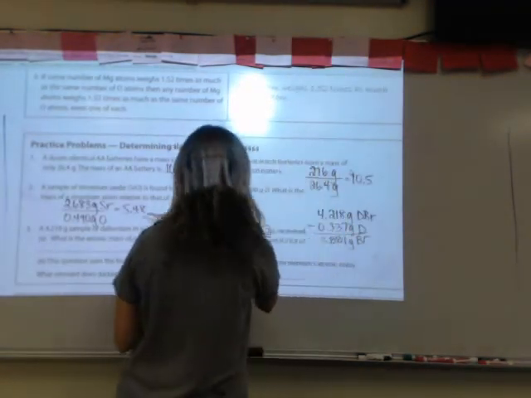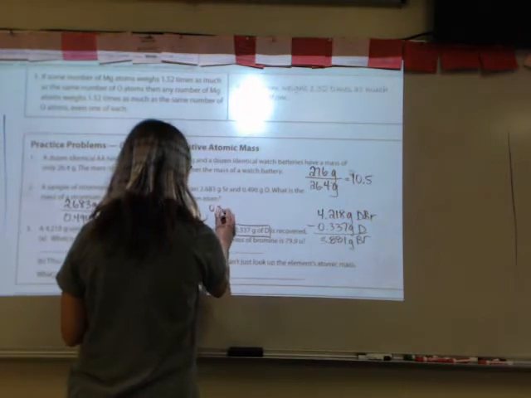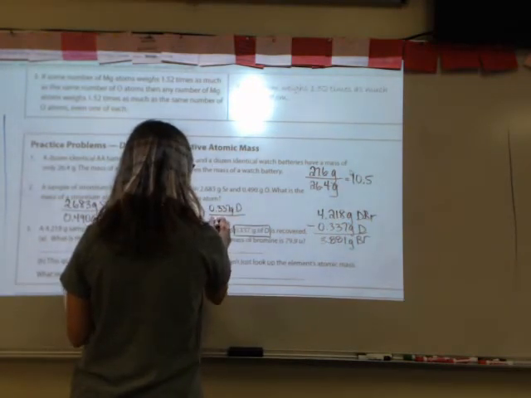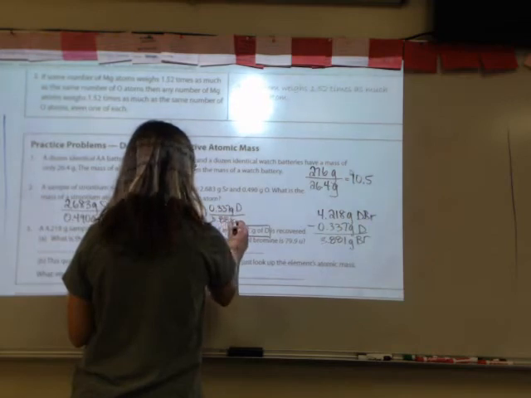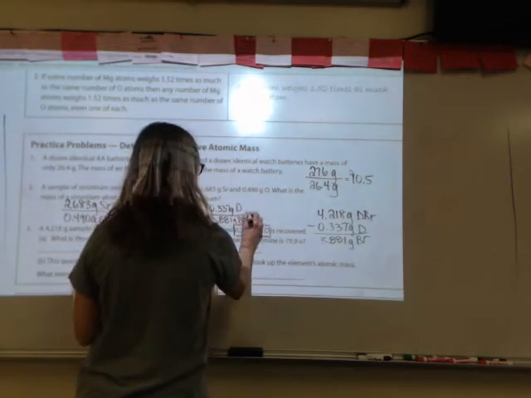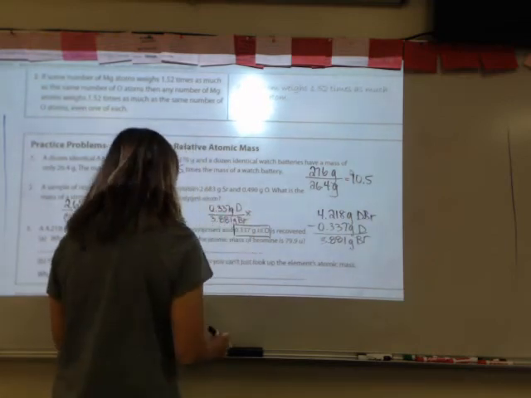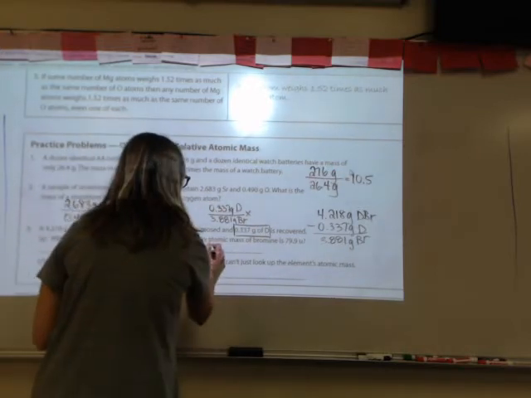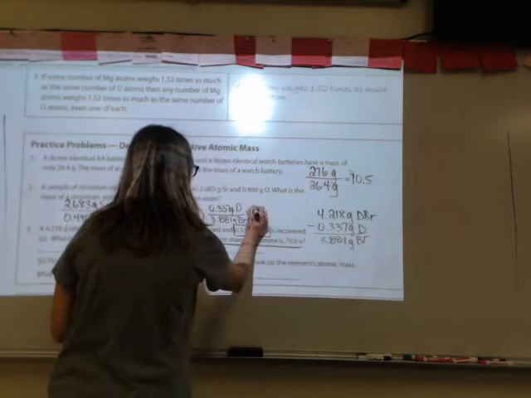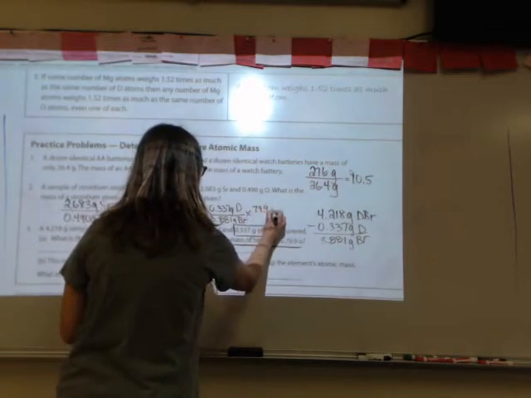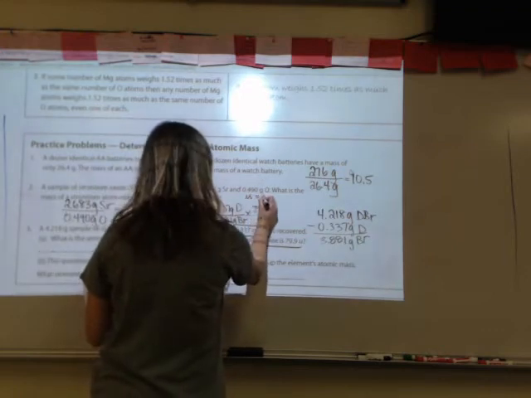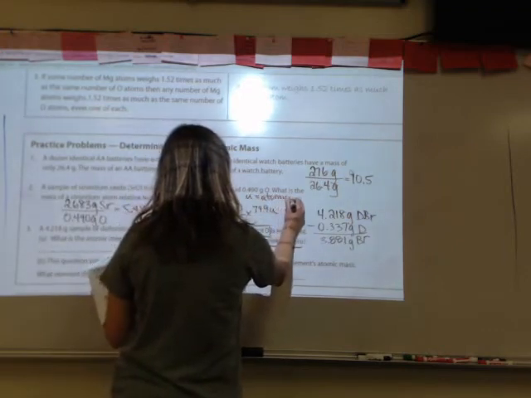Now, if I want to get the atomic mass of daltonium, I'm going to take my 0.337 grams of daltonium over 3.881 grams of bromine, and I'm going to multiply it by the atomic mass of bromine here, which is 79.9 U. This U stands for atomic mass unit.